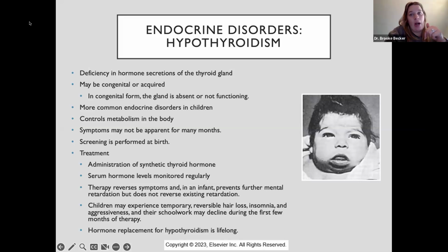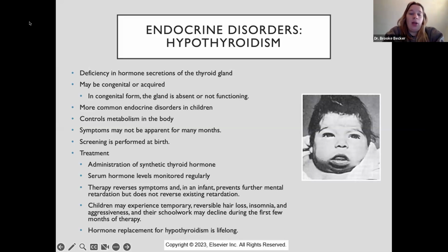Their growth is going to start dropping off. Maybe they've had a significant weight increase. They feel like their heart's beating out of their chest or skipping beats. Those are all signs of thyroid dysfunction, so you would want to get thyroid hormone levels. That would be blood work.